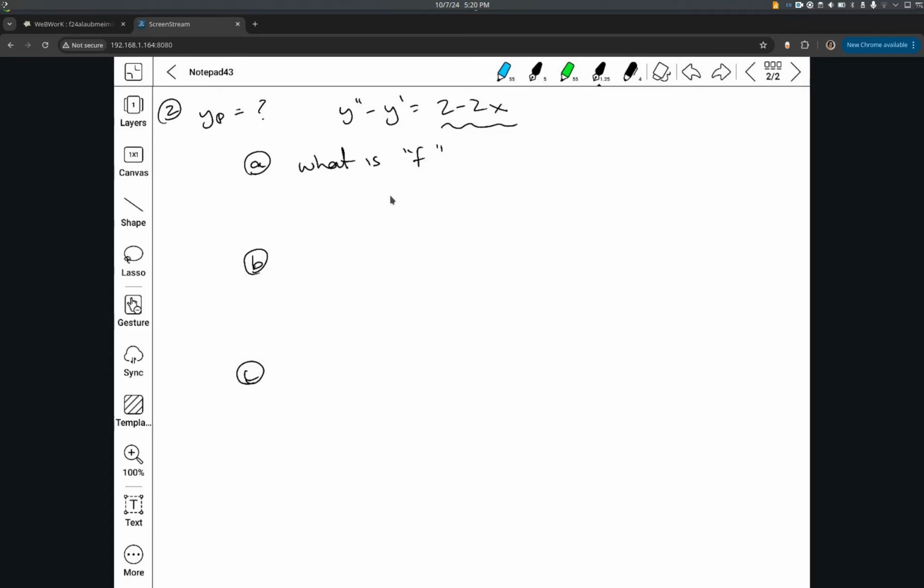What I've called f right here. Make sure to include all the derivatives, and then deal with any repeats. So the functions that are in my f are 2 and minus 2x. To make it easy on me, I like to ignore extra constants, so that's really just 1 and x.